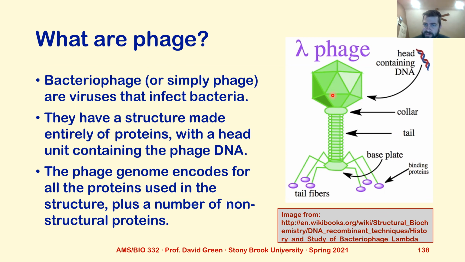And the little piece of DNA, the genome inside this head, has the sequence for all of the proteins that make up this virus, as well as a few other proteins that play regulatory roles. And a couple of these we're going to discuss further on in this lecture.